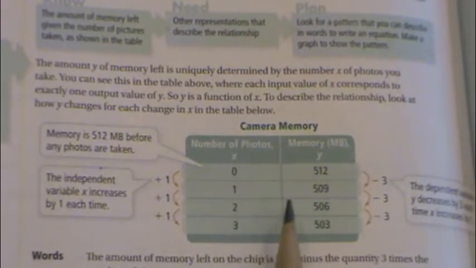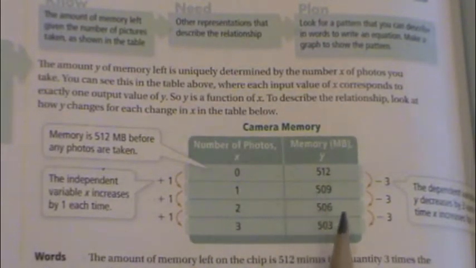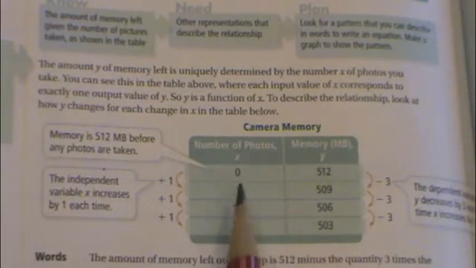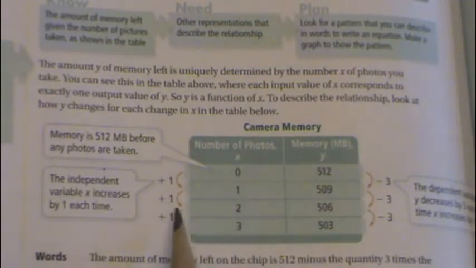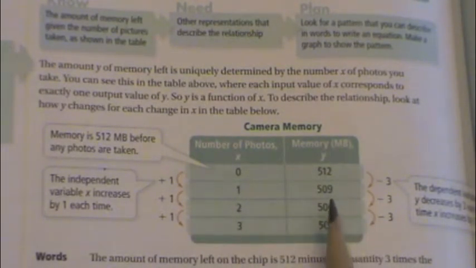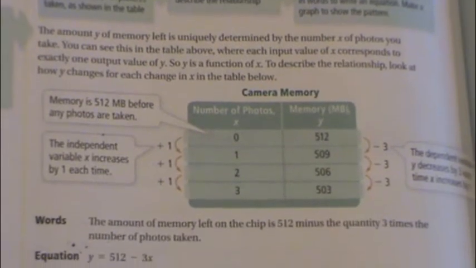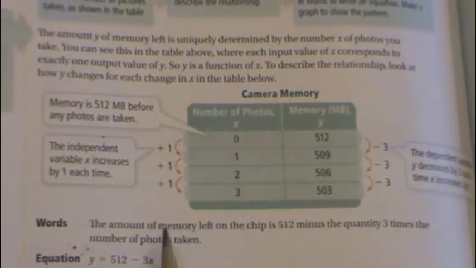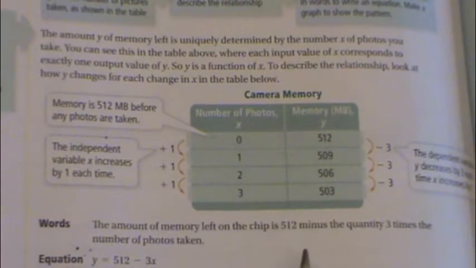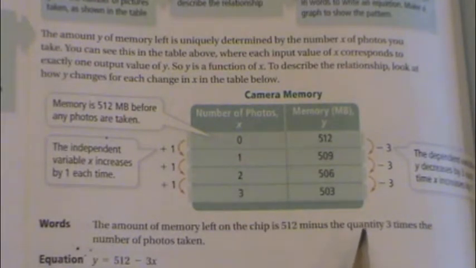Here's where they show something quite useful, how to figure out what your equation is going to be. Every time you take another photo, you add simply just 1. Every time you take another photo, you take away 3 megabytes of memory. So, in words, the amount of memory is 512 minus 3 times the number of photos taken.